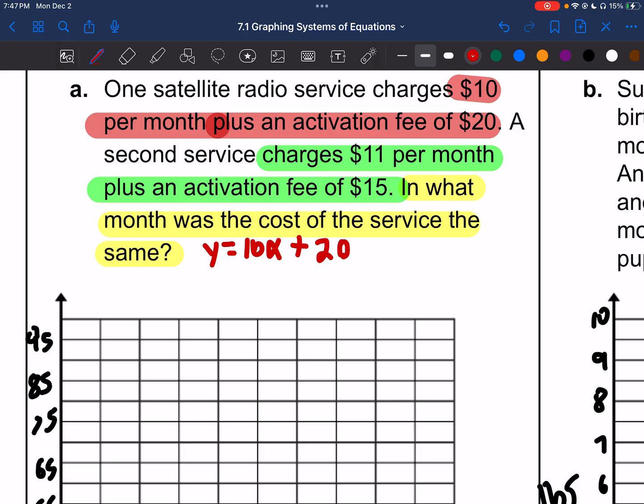So $10 per month times x months plus $20. My second equation, y is equal to $11 per month plus $15. And I probably should have defined my variables over here. x equals month, y equals cost.